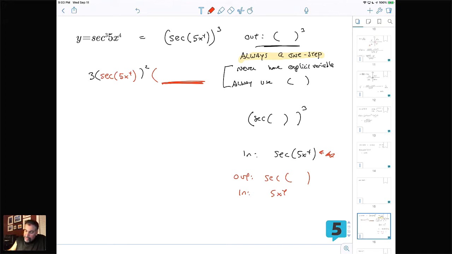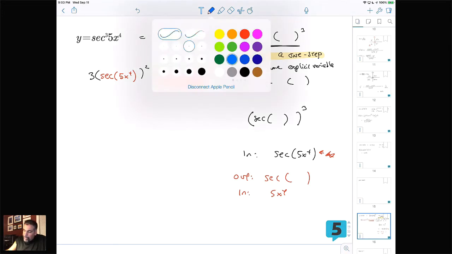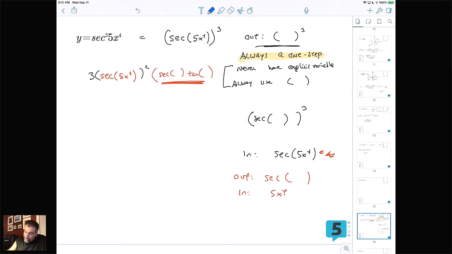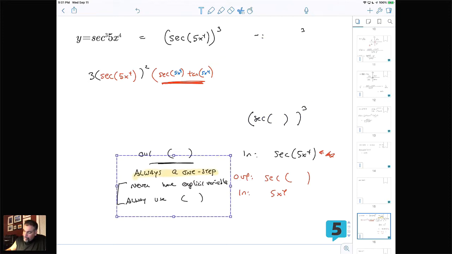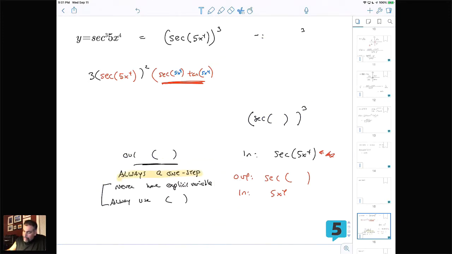So the derivative of secant something is secant something tangent something. Step 2 says to copy the inside, but this time the inside is 5x to the fourth. And now the new part is to take the derivative of this inside. Whatever that derivative is, I've got to put in these parentheses right here.